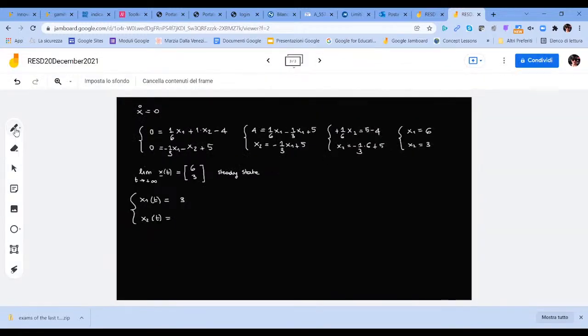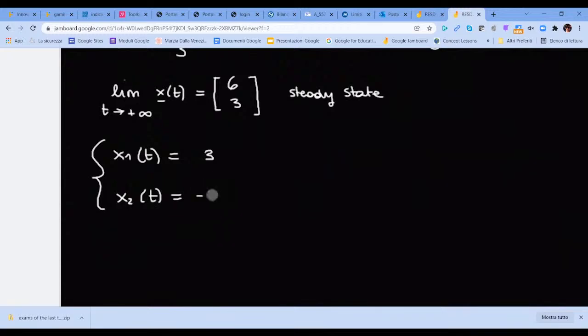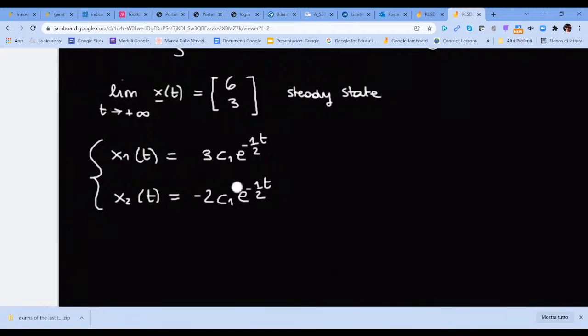by C1 e to the minus 1/2 t, that was the exponent given by the first eigenvalue. And so it is as when we write the system instead of the matrix notation, but it's the very same.